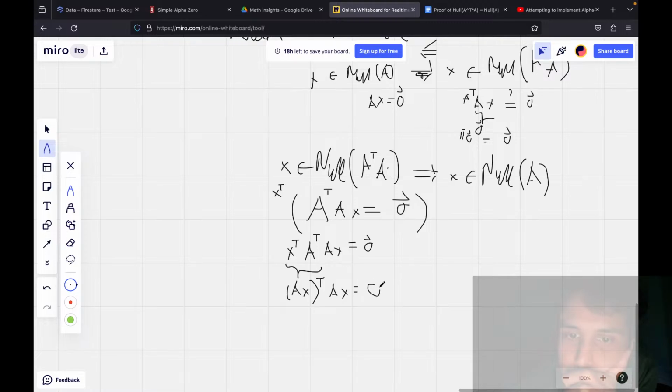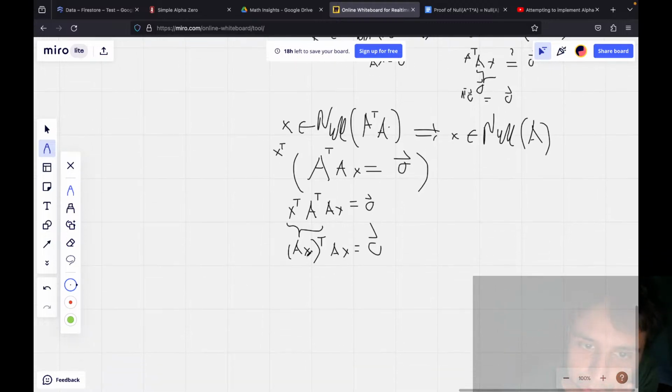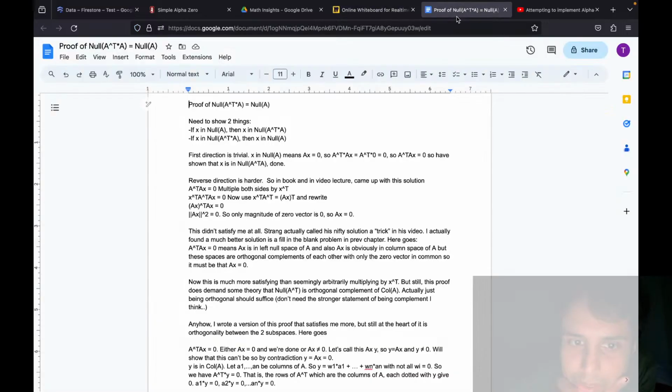But then if you look at this, it just means Ax is dotted against itself, right? This is basically saying that if you dot it against yourself, the norm of this squared equals 0, right?